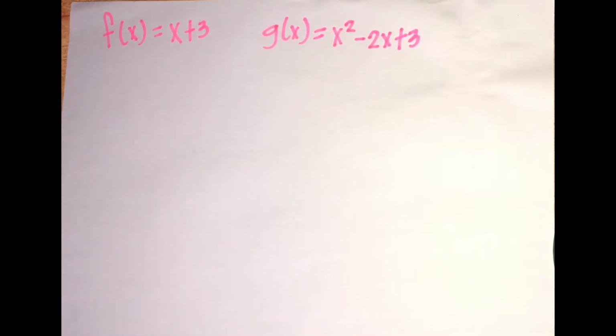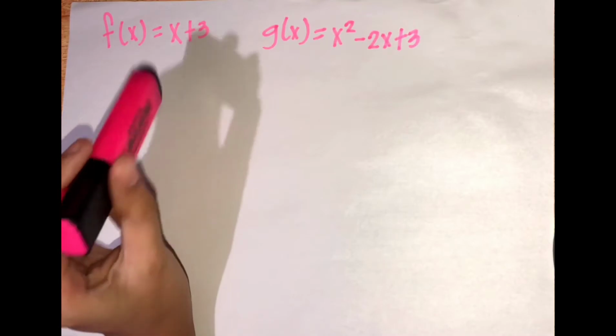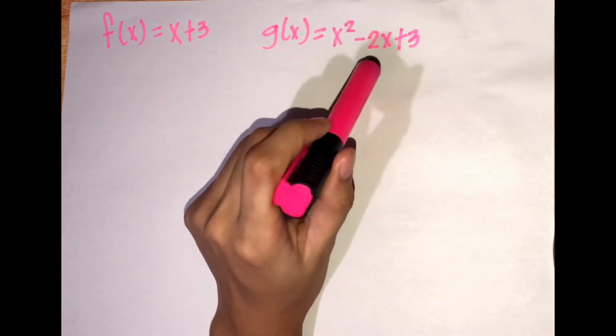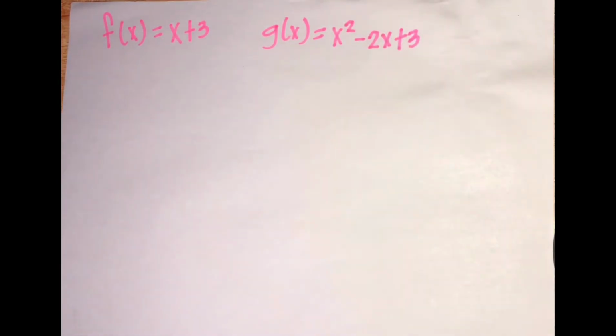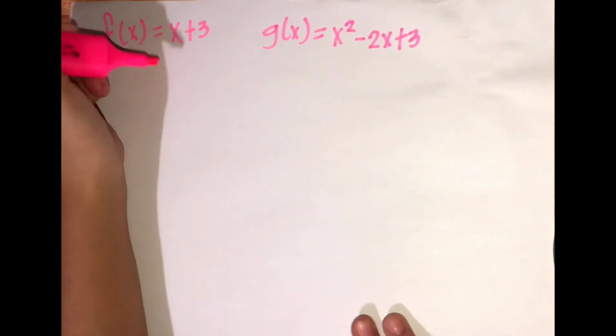Letter C, quantity of f times g of x is equal to f of x multiplied by g of x. Our f of x is x plus 3 and our g of x is x squared minus 2x plus 3. Let's use the FOIL method.